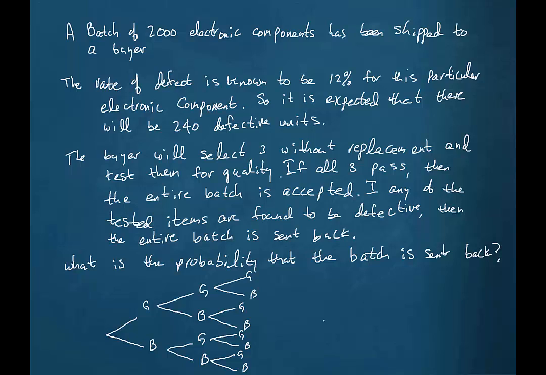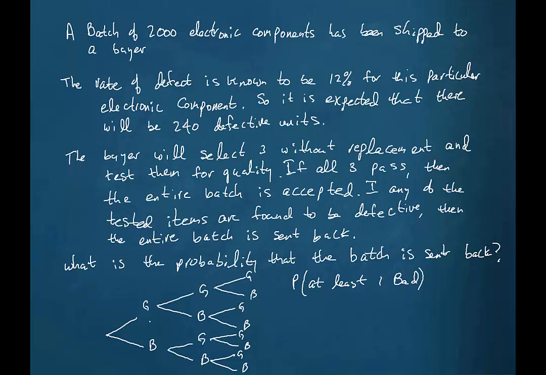Now we're asked for the probability that the batch is sent back, which means that if we were to, in this process, find any one of the components to be bad, then it would be sent back. So we're really looking for the probability that we would have at least one bad or defective unit.